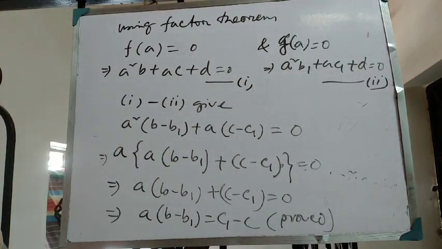One important thing is that when you use the factor theorem and remainder theorem to solve any type of problem, you have to mention using factor theorem, using remainder theorem. For example, you are asked to find the remainder of an expression when it is divided by a binomial x plus 2. Let the expression be f(x).